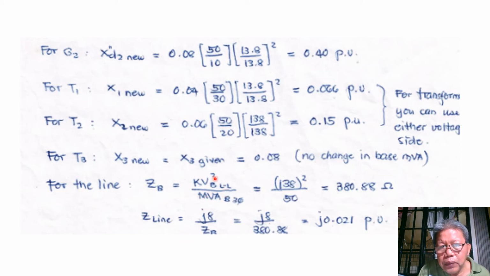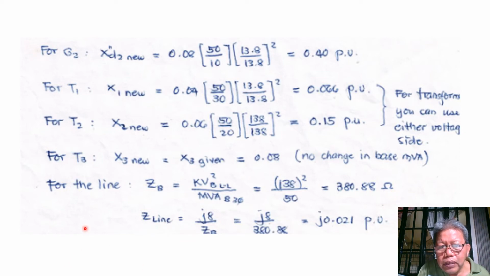Now for the transmission line, we have to obtain first its base impedance, which is kV base line to line squared divided by MVA base, 3-phase. So kV line to line is 138, then squared divided by MVA base, which is 50. So we have 380.88 ohms as the base impedance at the 138 kV circuit.